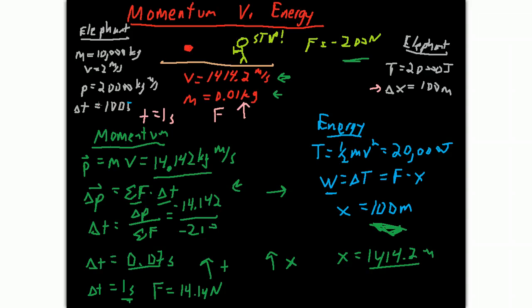Well, not exponentially, but it will scale up by 100 times. So instead of needing 200 newtons of force to stop the elephant in 100 seconds, you would need 20,000 newtons of force to stop the elephant in 1 second. So those are really mathematically the differences between momentum and energy.